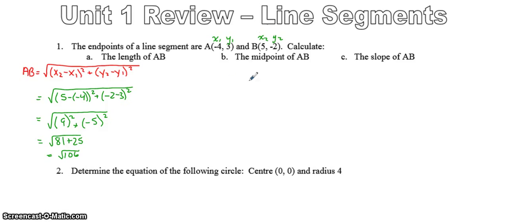So that brings us to the midpoint. The abbreviation for midpoint is a capital M with a little ab, so that's the midpoint of AB. And to do that, it is the average of the two x coordinates and the average of the two y coordinates.